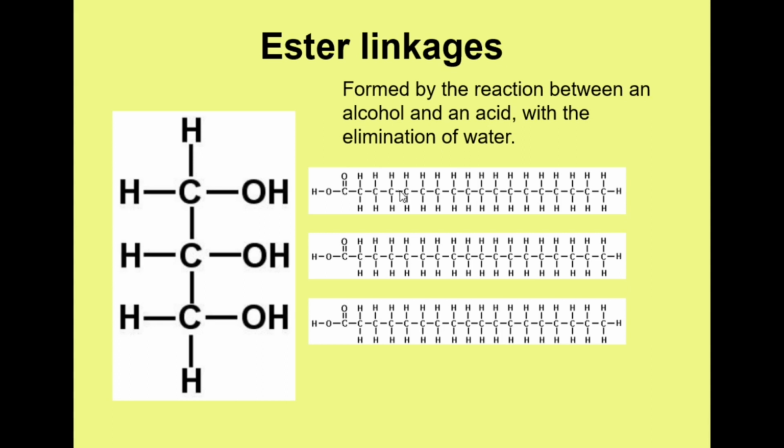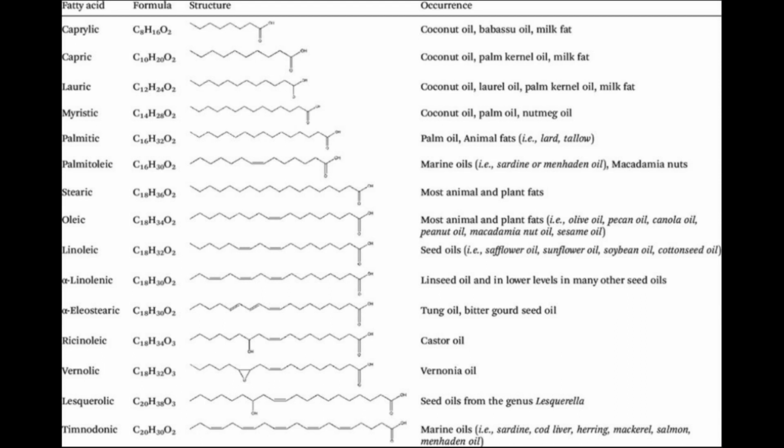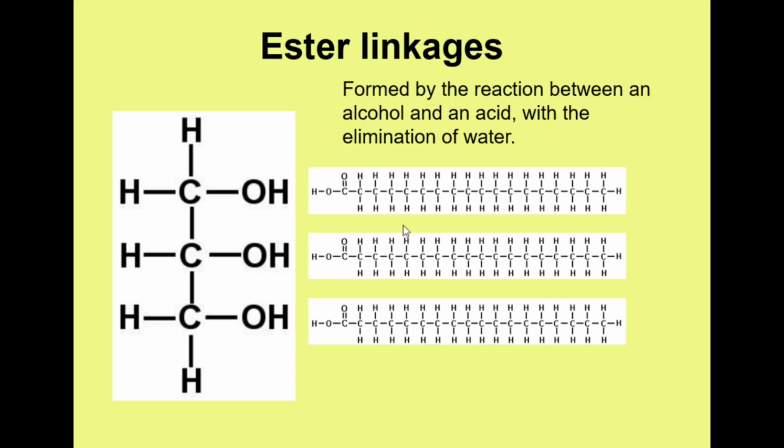We get lots of different types of fatty acids, and they all have slightly different names, and what fatty acid you have is dependent on how many carbons you have in the chain and some other features, but they come in different lengths and they're different types. But we're going to look at these 3 fatty acids here, and as you can see, they're all just long chains of carbons surrounded by hydrogen. So we would refer to these as hydrocarbons.